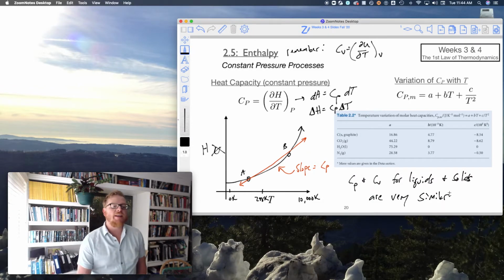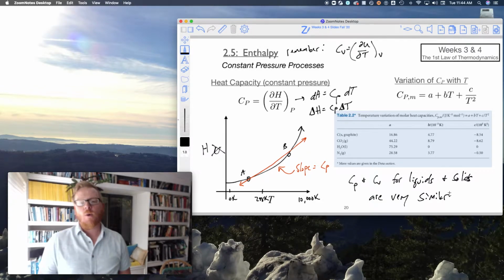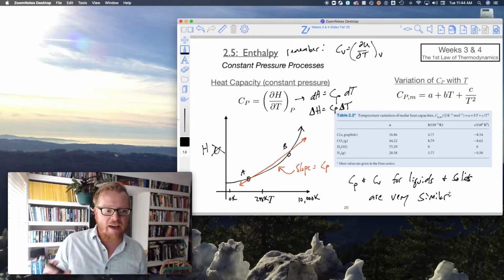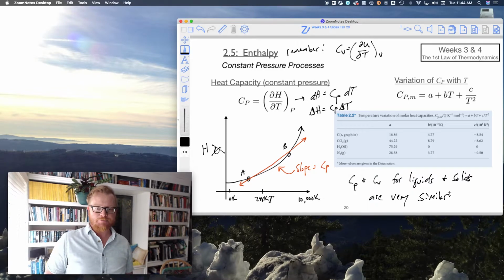The reason for that is, again, I noted that we can compress or expand a liquid or a solid just ever so slightly. But because it doesn't change by very much, CP and CV for liquids and solids will basically be the same value. However, CP and CV for gases will be different.